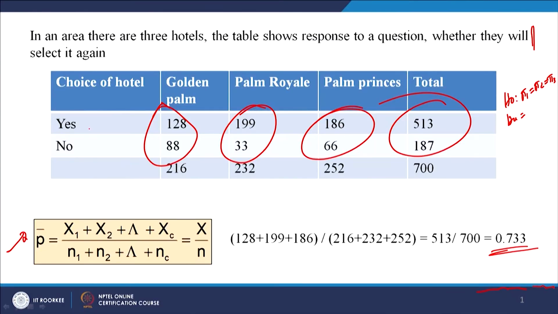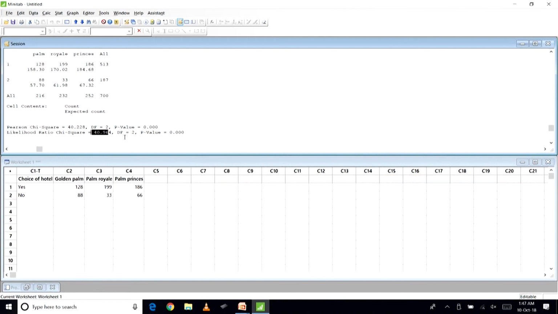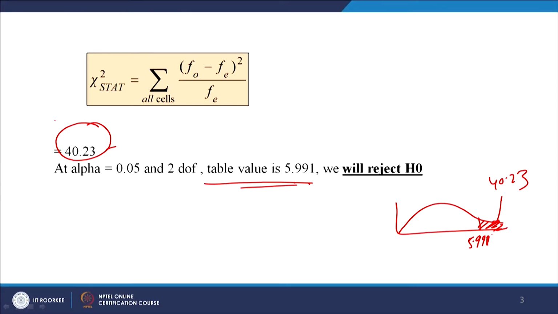Just check whether we were getting the same answer, yeah, 40.23. So, approximately one and the same thing. In fact, this is exactly the same. This Pearson chi-square is 40.228, just see this. This is what we have calculated over here, 40.23. Okay. So, we will reject the null hypothesis.